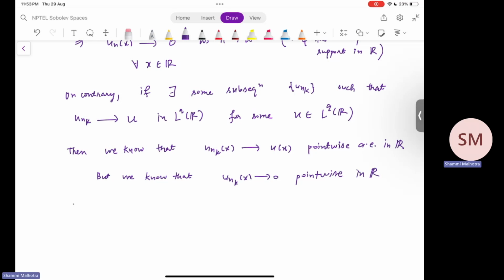This implies that u has to be equal to 0, u(x) equal to 0 almost everywhere in R.